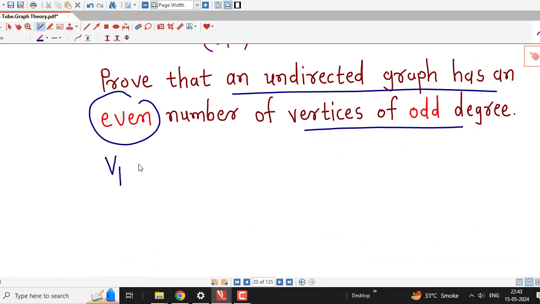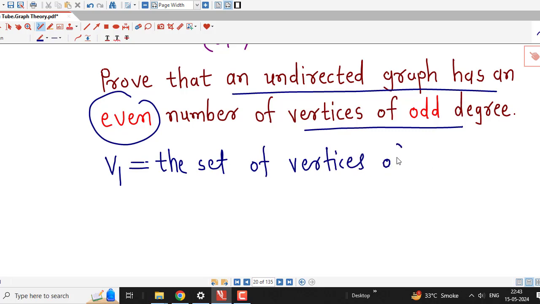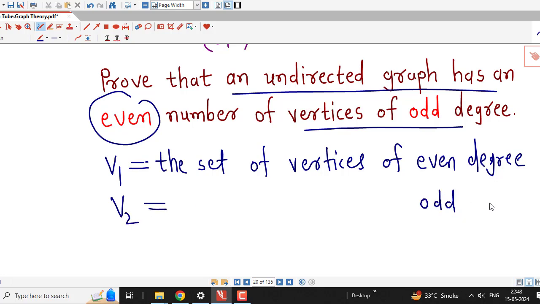Suppose V1 is the set of vertices of even degree, and let V2 denote the set of vertices of odd degree.